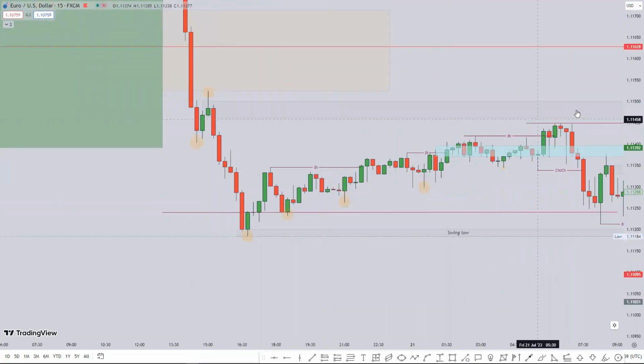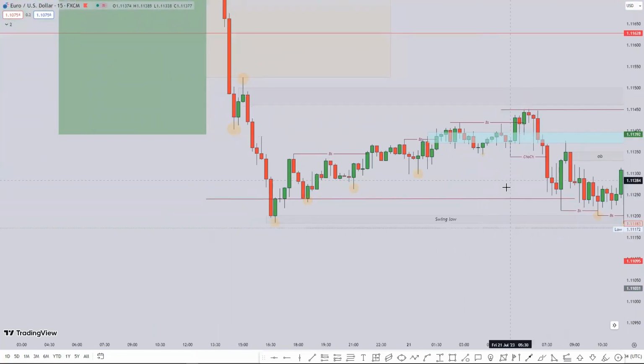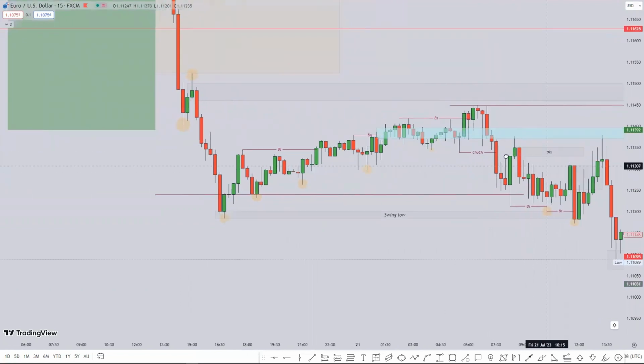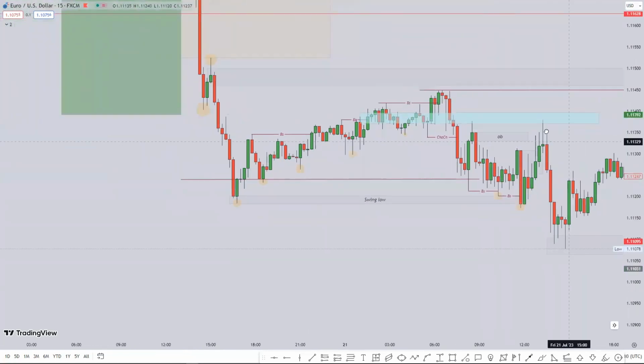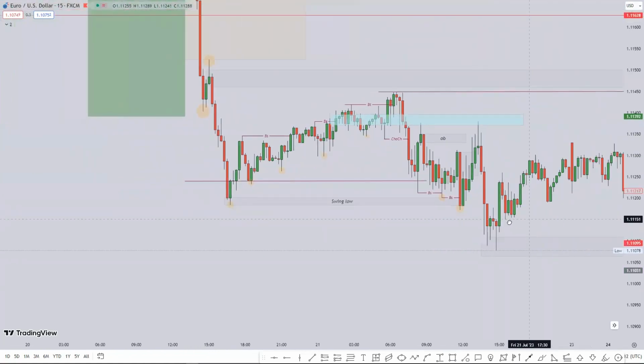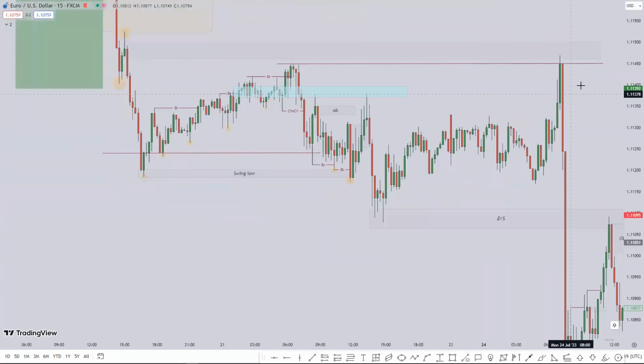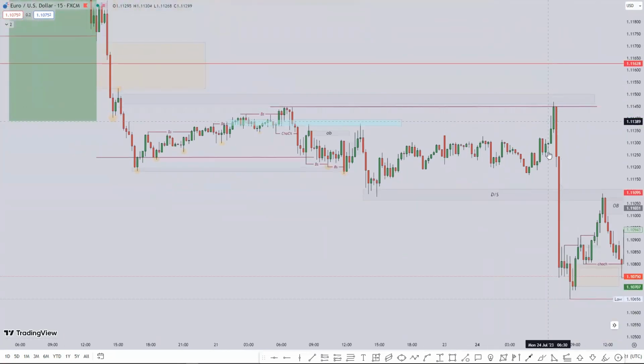Right after that, market traded all the way to this side. It didn't get to the zone, and then it started dropping. It changed character, and then it dropped from this side all the way down, and then the market traded sideways all the way up to this zone, and then it dropped very sharp, and this was our low here.